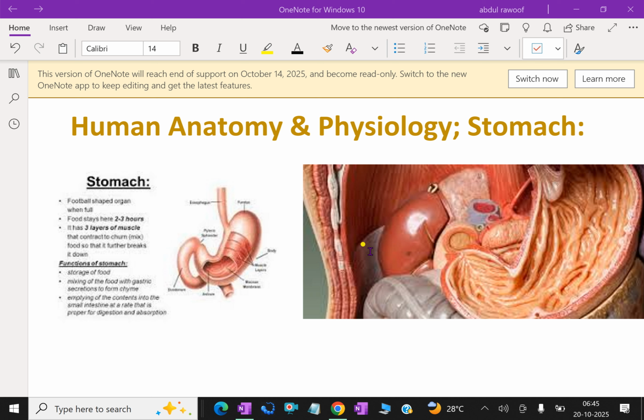Walls of the stomach. The four layers of tissue that comprise the basic structure of the alimentary canal are found in the stomach but with some modifications. Muscle layer. This consists of three layers of smooth muscle fibers: an outer layer of longitudinal fibers, a middle layer of circular fibers, and an inner layer of oblique fibers.